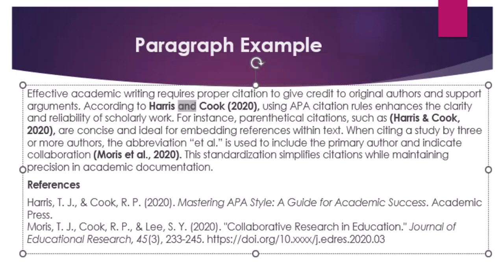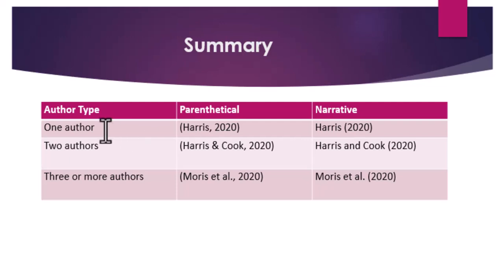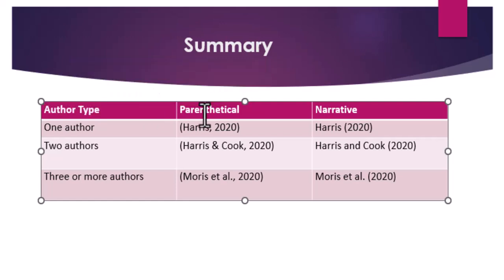Then let us look at a summary. We have the author type or the author number, we have the parenthetical citation, and then we have the narrative citation.